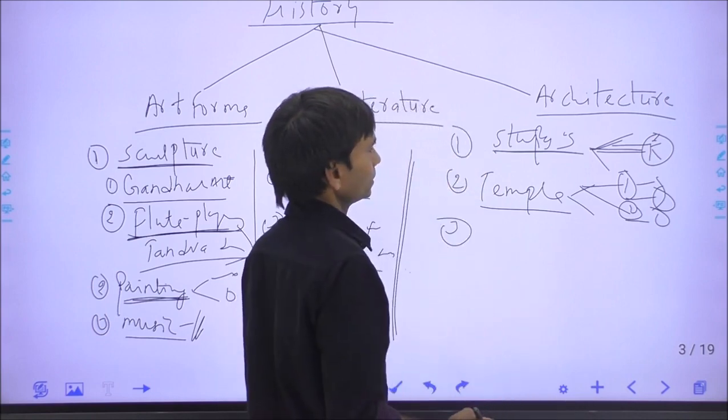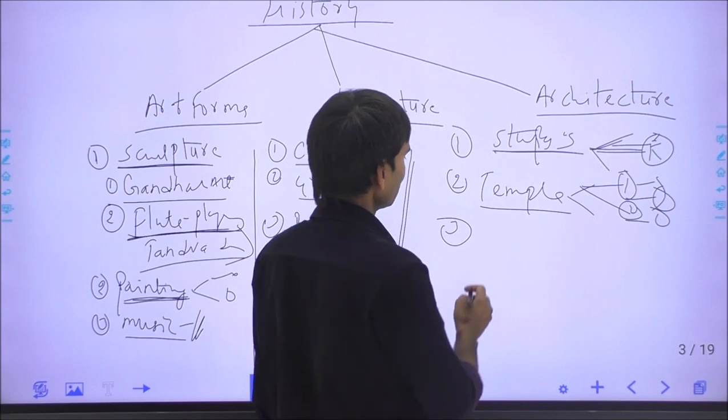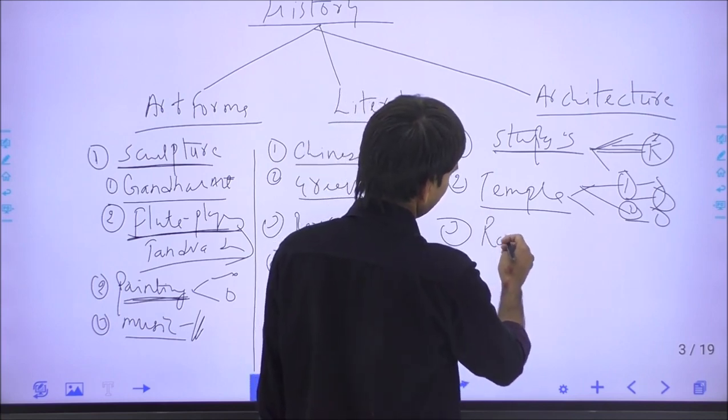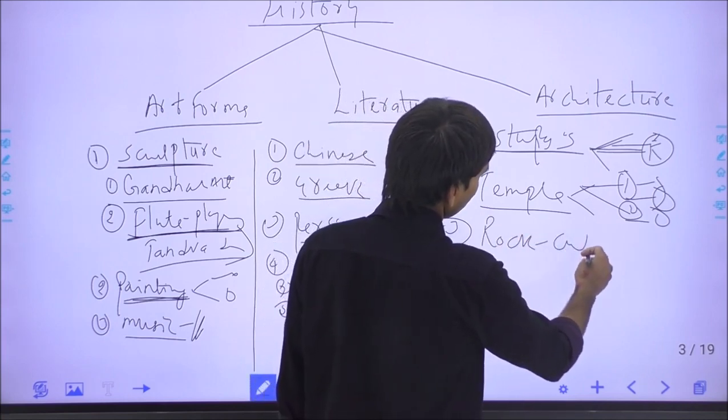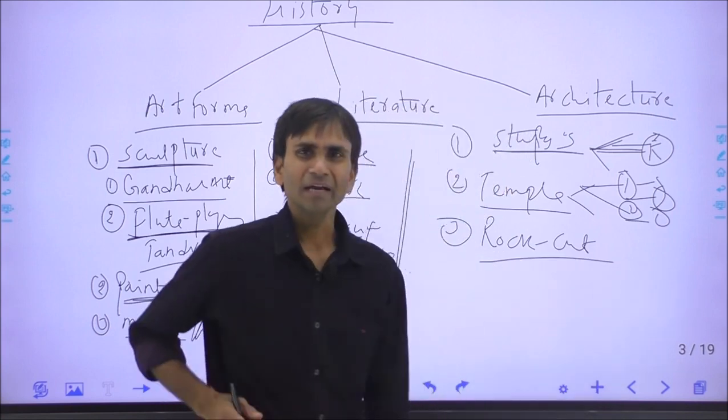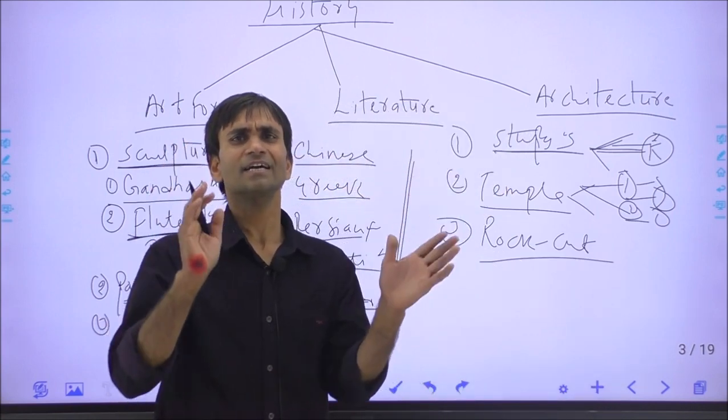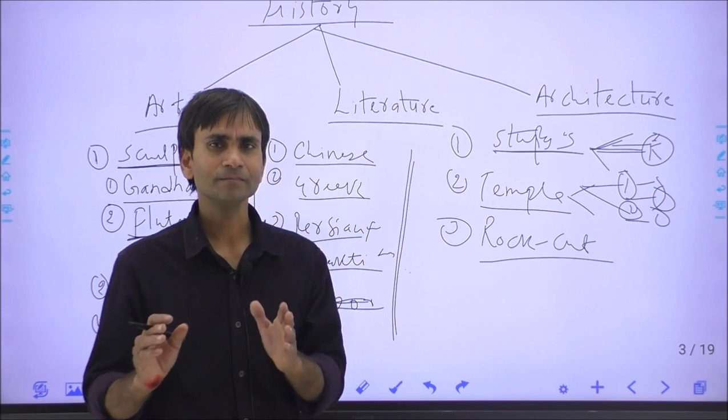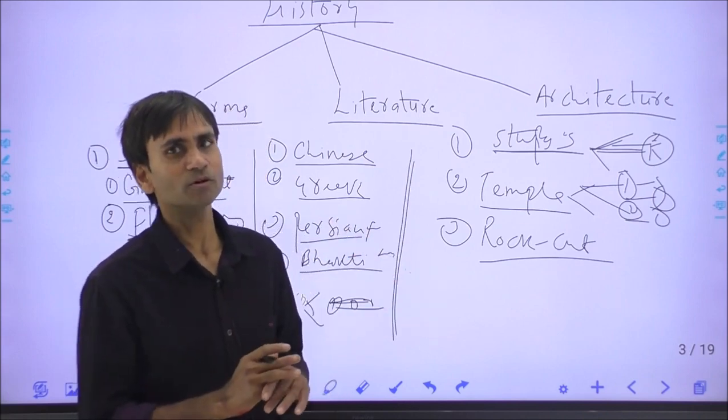And in architecture we can trace the rock cut architecture, one more aspect. In India, the first rock cut architecture is known to be the Barabar and Nagarjuni caves of Bihar.